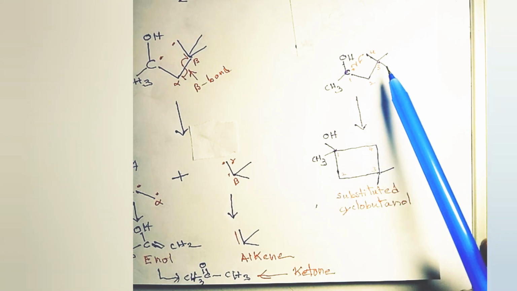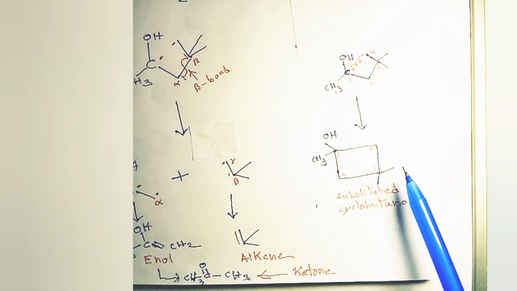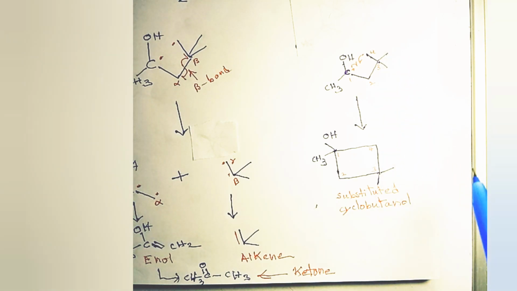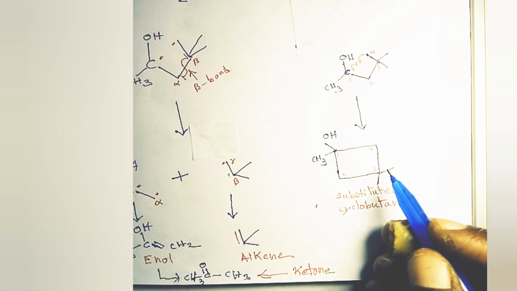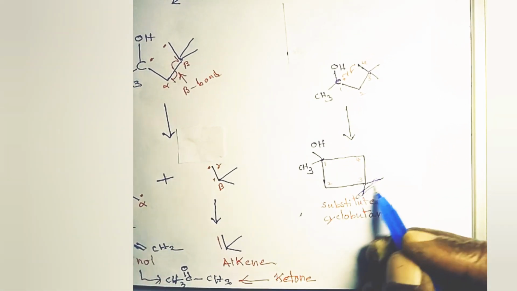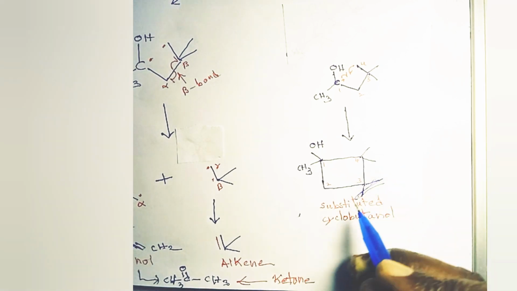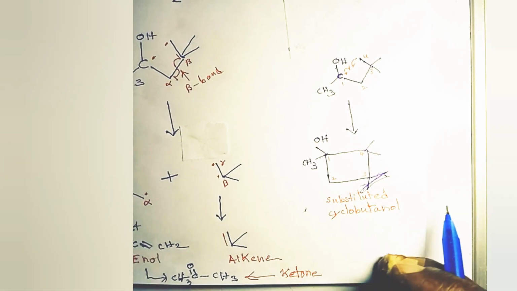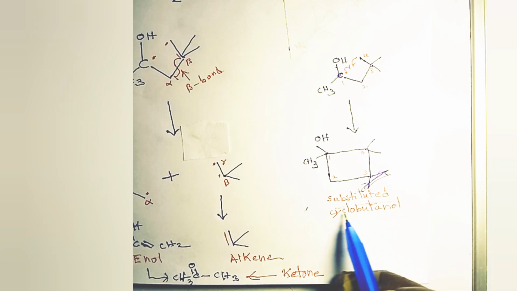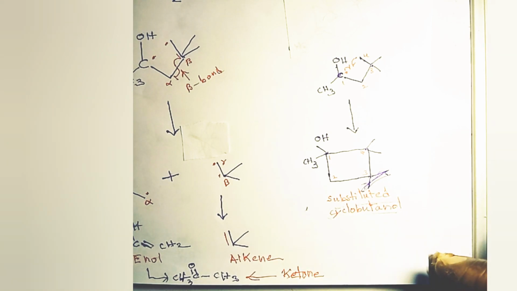Now there are two CH3 groups on the fourth carbon, so we write 2 CH3 groups on the fourth carbon.